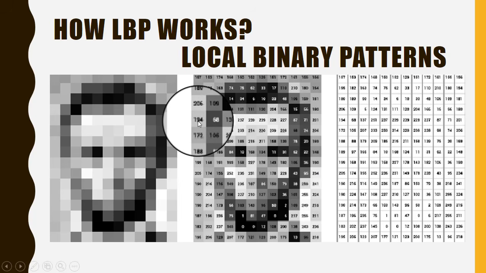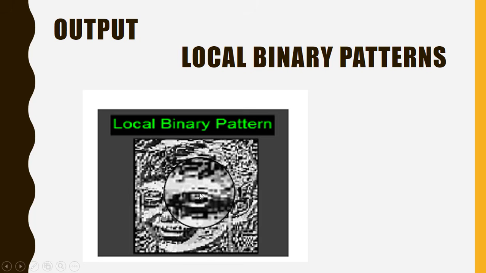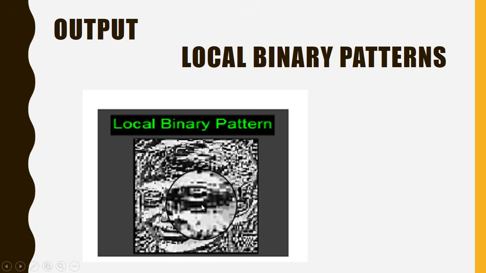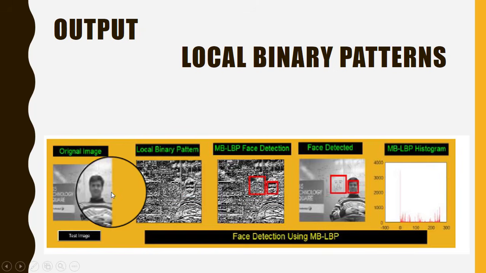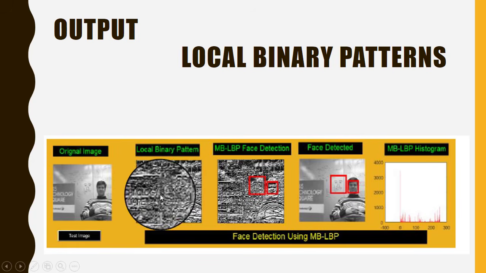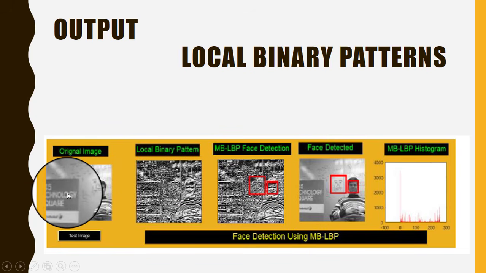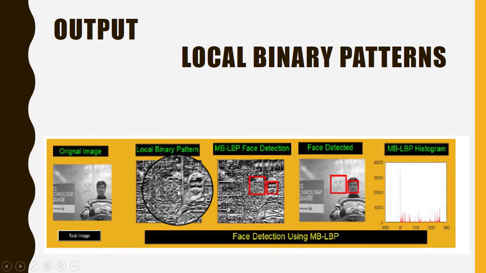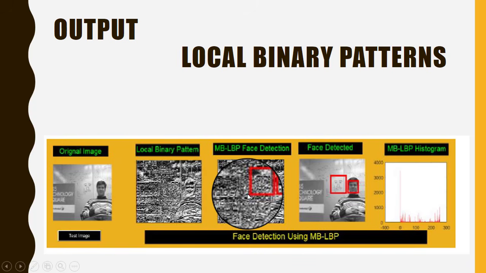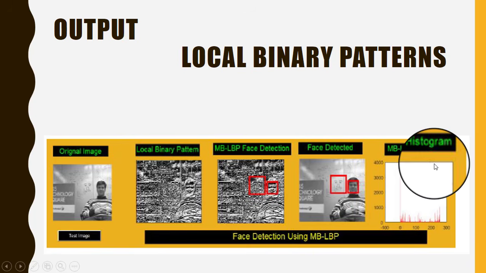At the start of the video I told you that it is used in different applications like face recognition and face detection. These are the patterns that we extracted from the digital image. As you can see in this image, I took a digital image, applied the LBP algorithm on it, extracted its features, then applied a face detector and got the detected face, and this is the histogram.